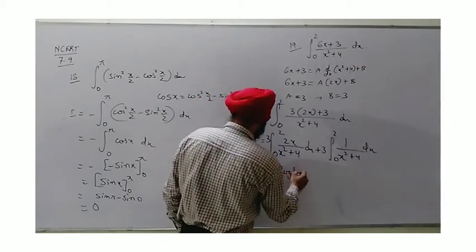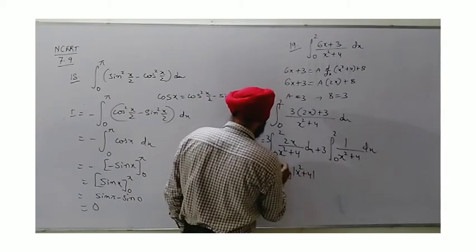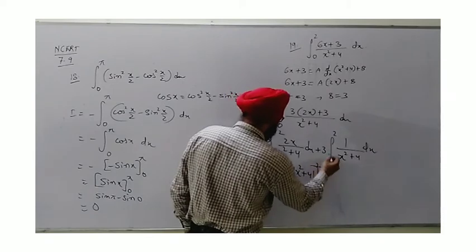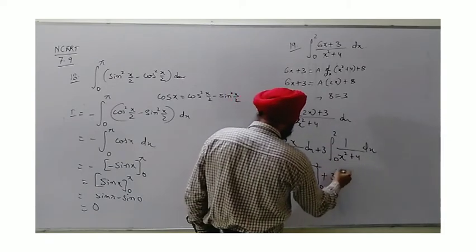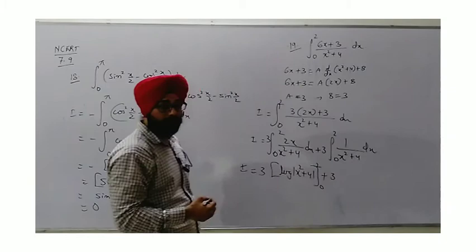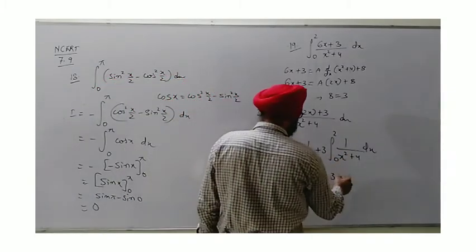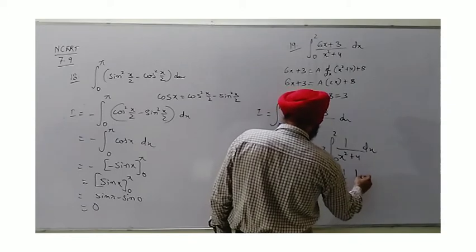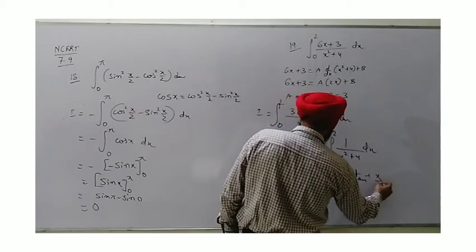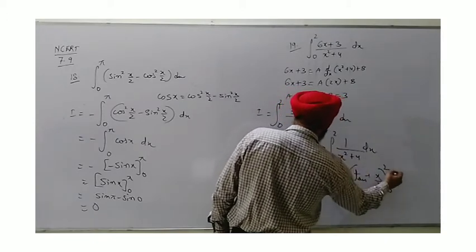Yes, obviously it is log of x square plus 4, 0 to 2, plus thrice. Now this is x square plus 2 square, so applying the identity of 1 upon a square plus x square, we get 1 upon a tan inverse x upon a with limit 0 to 2.